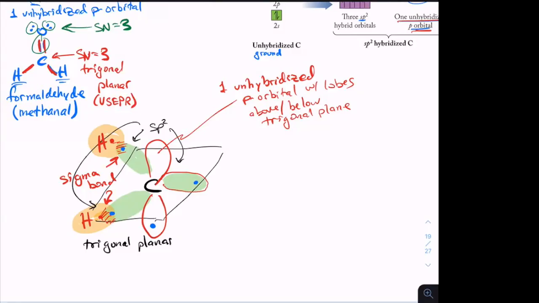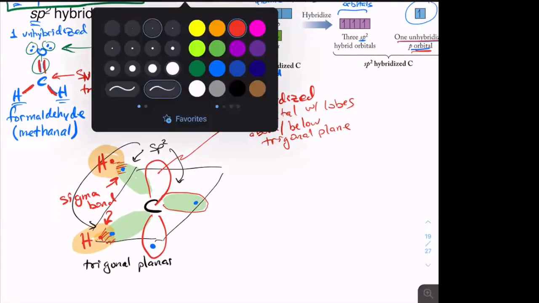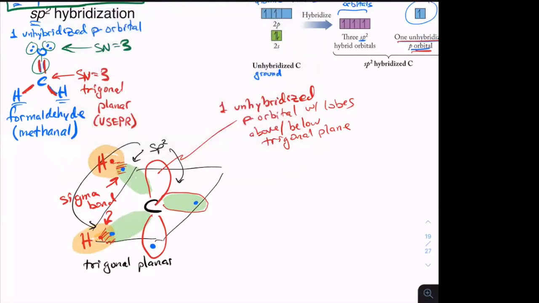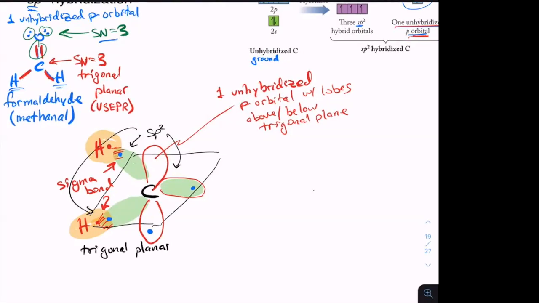Now, to make that make sense, let me just separately draw what the oxygen looks like. We already showed that the oxygen is SN3, so that means it also has sp2 hybridization around it. Now let's describe it the same way. If you know that it's SN3, SN3 will always have sp2 hybridization.